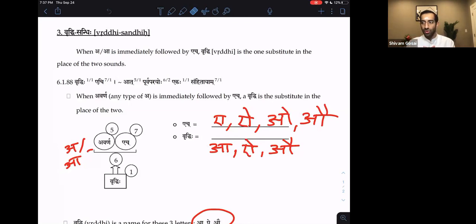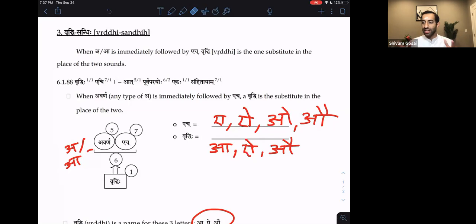Here we've seen when a meets a or long a, and when a meets e, u, r, l. We've already seen that as part of Savarna Dirgha and Guna Sandhi.